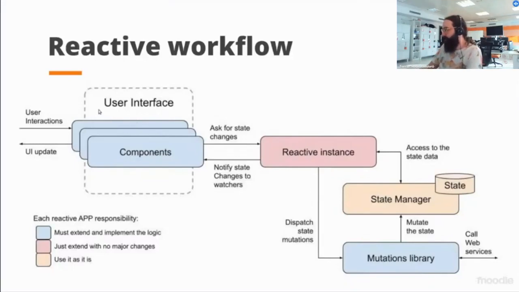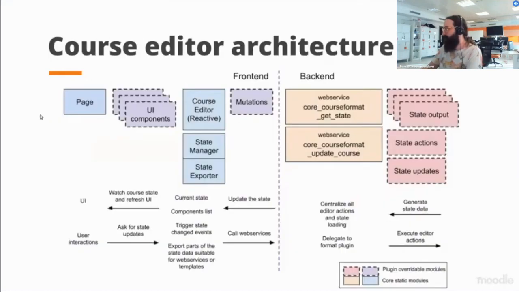And the good part of that is that it offers you many new possibilities that weren't there before. This is the diagram with the specific modules and web services that the new course editor architecture is based on. All the boxes you see with a dashed line are the ones that your plugins can override.